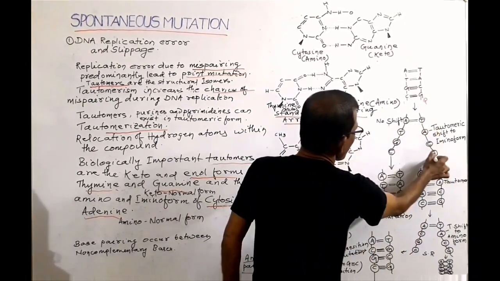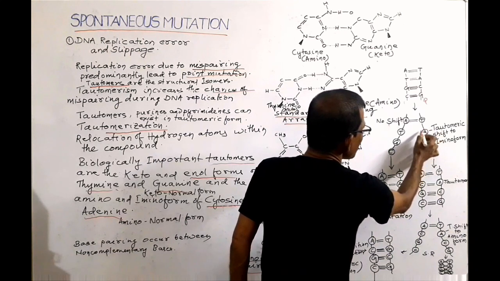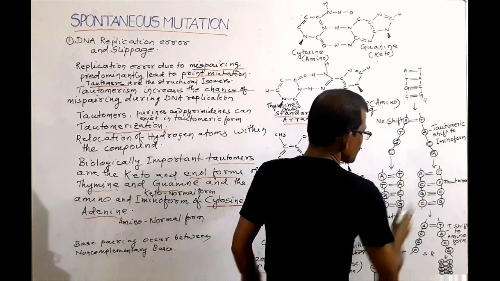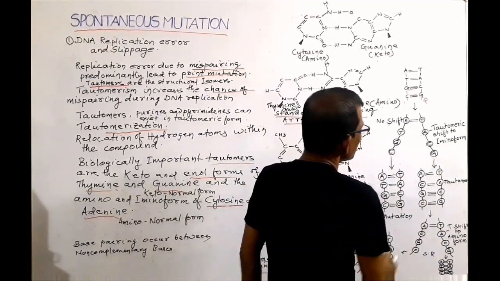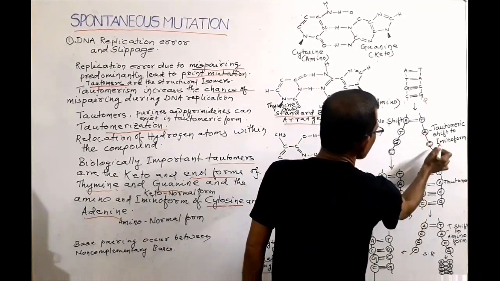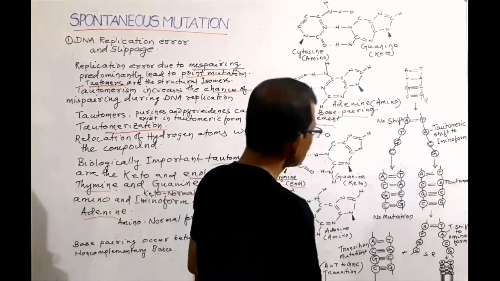And in this strand, this is the nitrogenous base adenine. Adenine has undergone a tautomeric shift. So, due to the tautomeric shift, adenine has been converted from amino form to imino form.